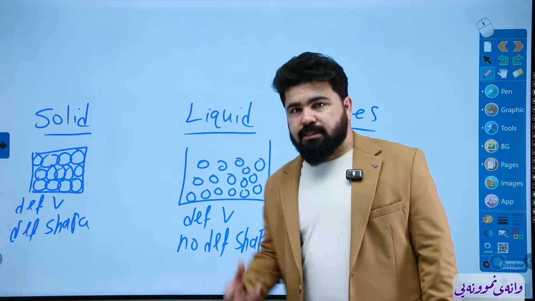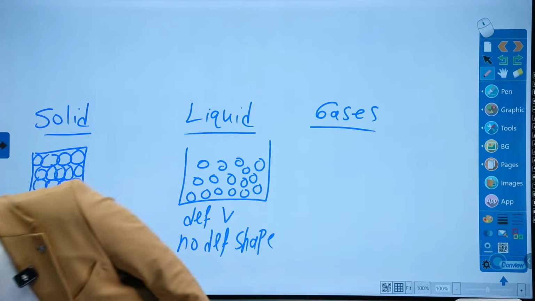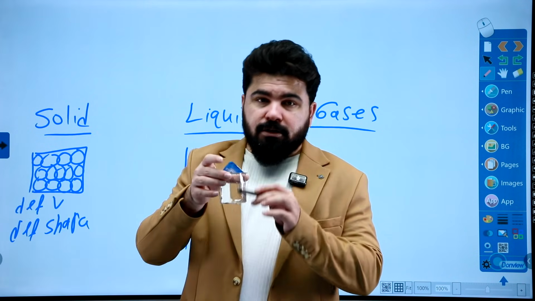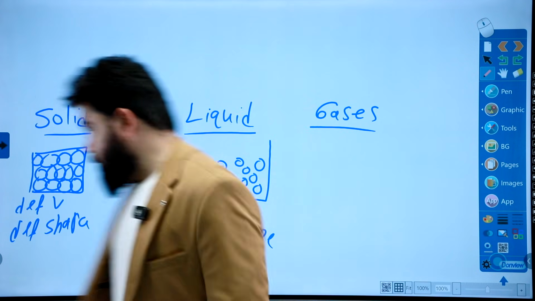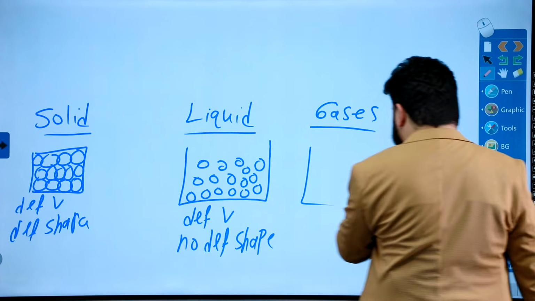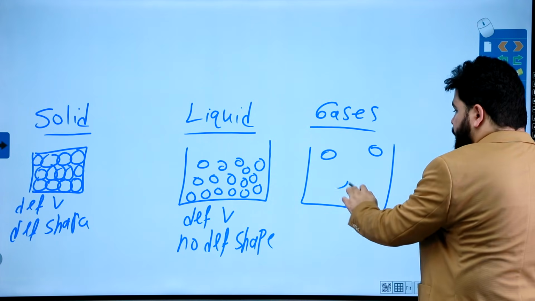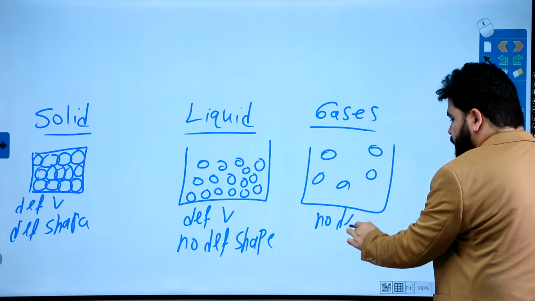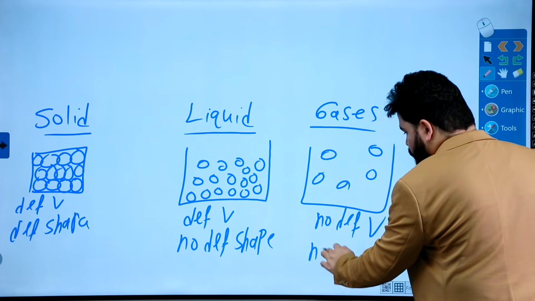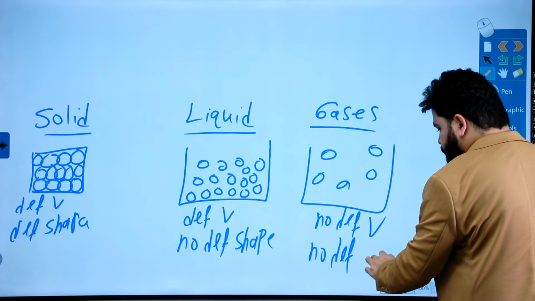For example, we have a glass. For example, this glass, you see that the water takes the shape of this container. Okay, so liquid takes the shape of the container. Gases, the particles are far away from each other, so they have no definite volume and they have no definite shape too.